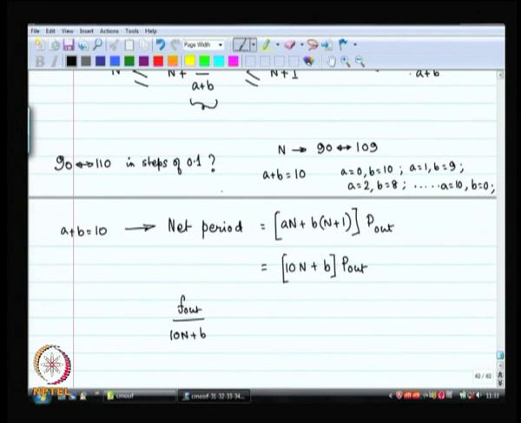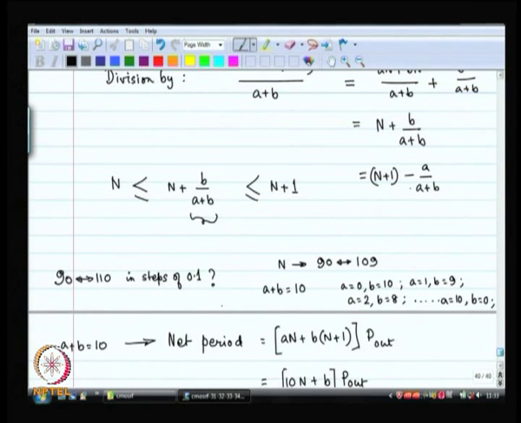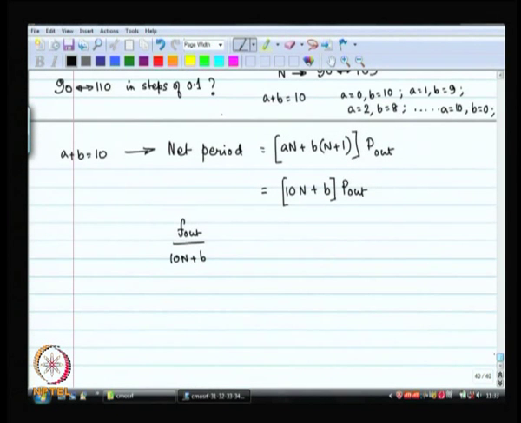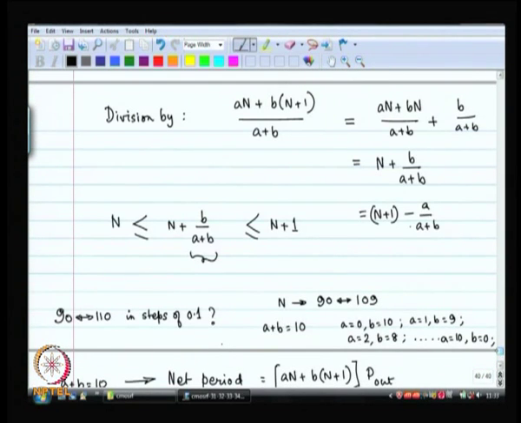What is our division ratio? Our division ratio is n plus b by 10, right. That is our division ratio, a plus b, I am saying let it be 10. This is a specific example that we are doing.